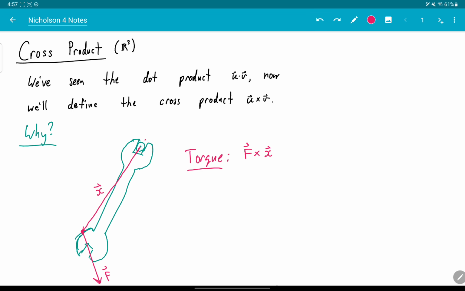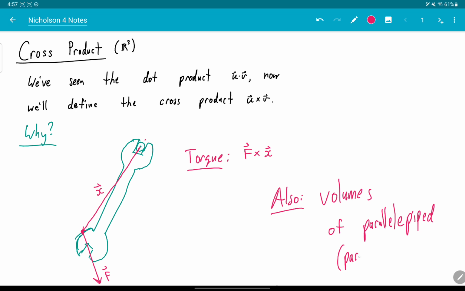Torque, there's one thing. What else? Also, we're going to see how this applies to finding volumes of, well, they're called parallelepipeds.